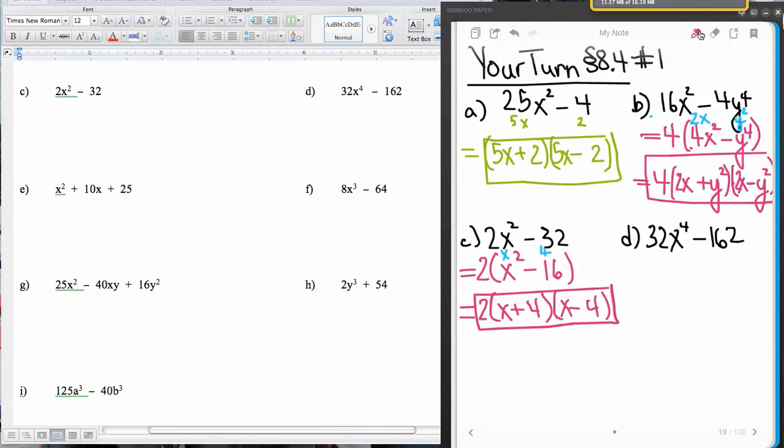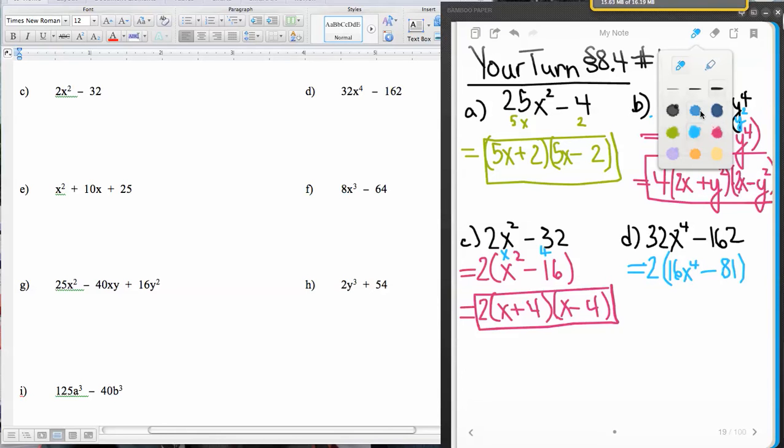Now looking at my next problem, again I have another GCF, so I'm going to take that GCF out first. They're both divisible by 2. And when I take the 2 out, 2 comes out of there and leaves me with a 16, and that's x to the 4th. And then minus, and 2 comes out of there. 2 will go into 16 8 times, and 2 will go into 2 1 time.